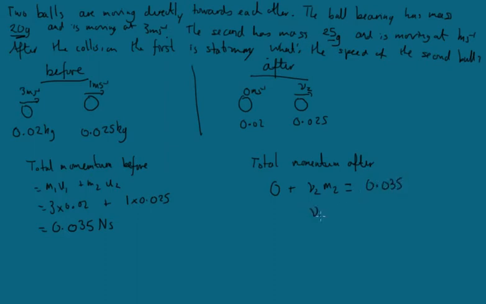And so v2 we don't know, and the mass is 0.025, and that must equal 0.085. So the velocity must equal 3.4 meters per second, because the momentum is conserved.